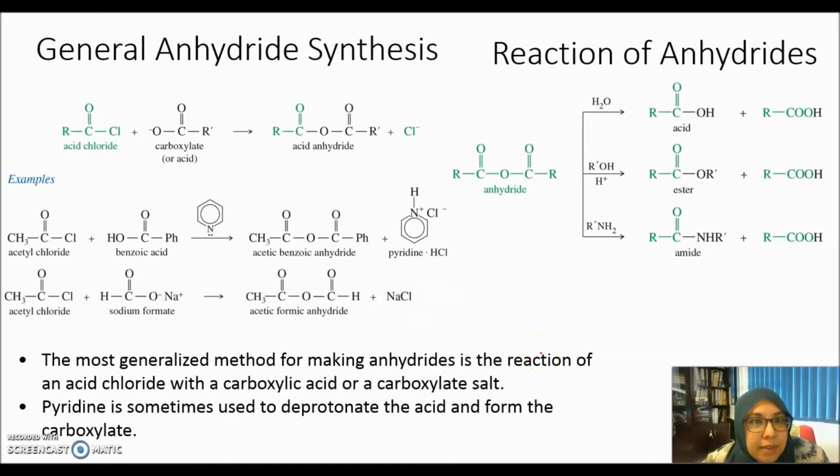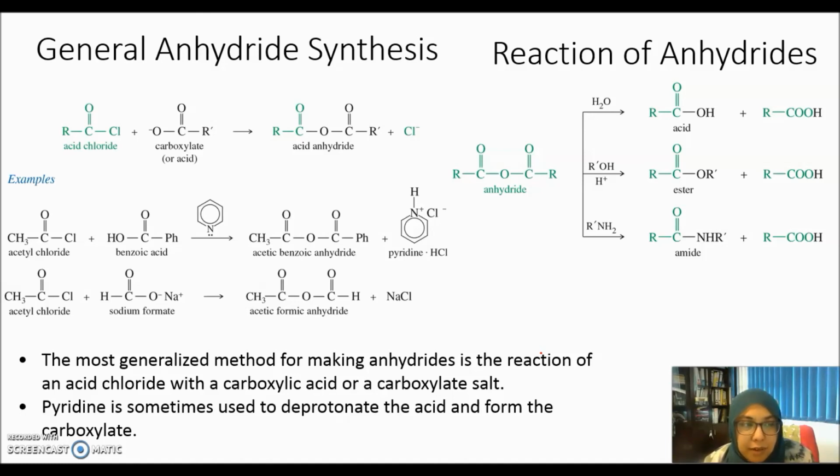With anhydride synthesis, it is essentially a reaction between acid chloride and carboxylate or carboxylic acid. You just merge both of them and you will get your acid anhydride. One part is coming from the acid chloride, another part is coming from the carboxylic acid.